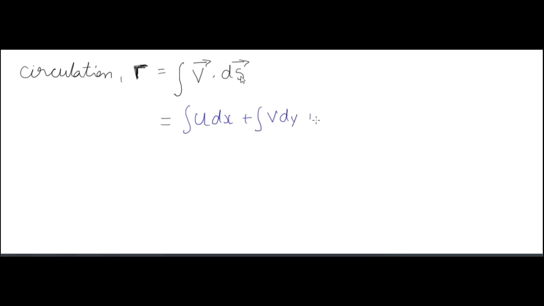This is a dot product, and ds is the displacement. So u dx, v dy, and w dz: u, v, w are the x, y, z components of velocity, and dx, dy, dz are displacements along the x, y, z directions. Now irrotational flow means there is no angular velocity, so angular velocity is equal to 0, curl is equal to 0, vorticity is equal to 0, and circulation is equal to 0.